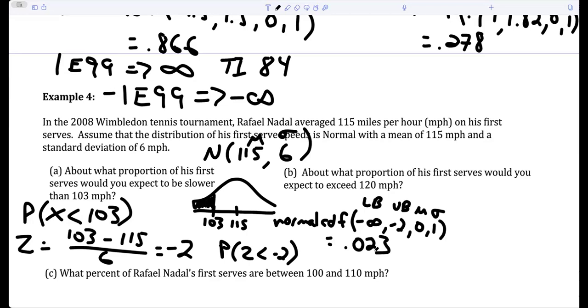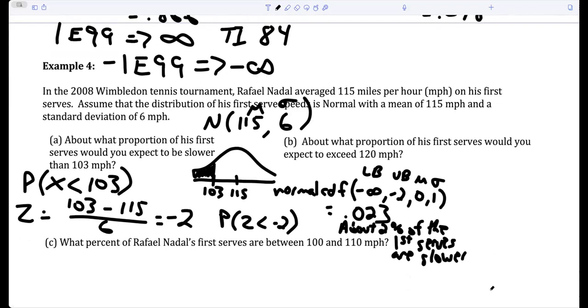So I'm going to say about 2% of the first serves are slower than 103 miles per hour.